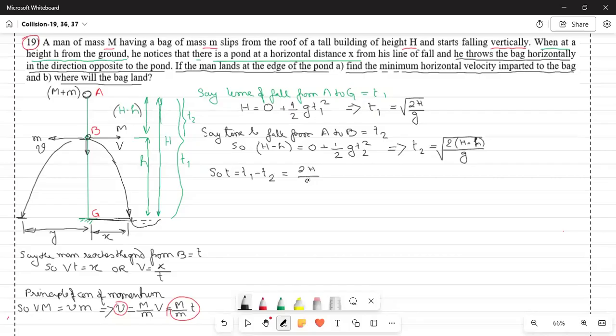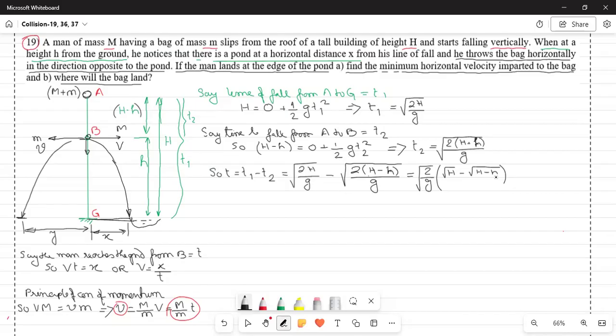T1 is under root 2h by g, and T2 is under root 2 into capital H minus small h by g. This is equal to, taking under root 2 by g outside a bracket, root h minus root of capital H minus small h.